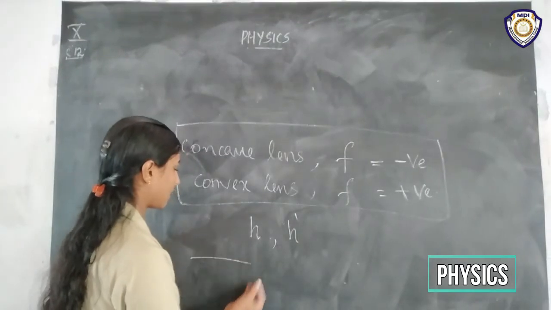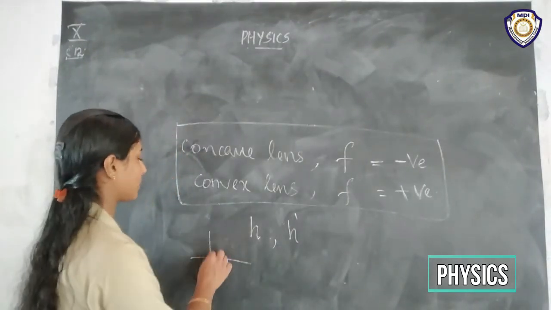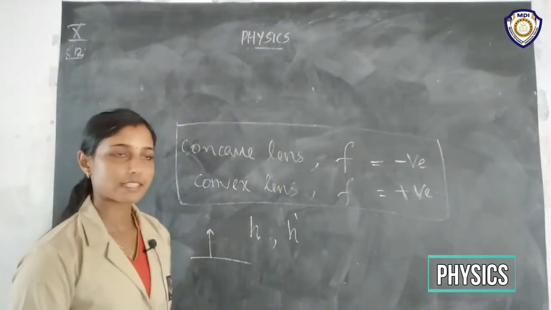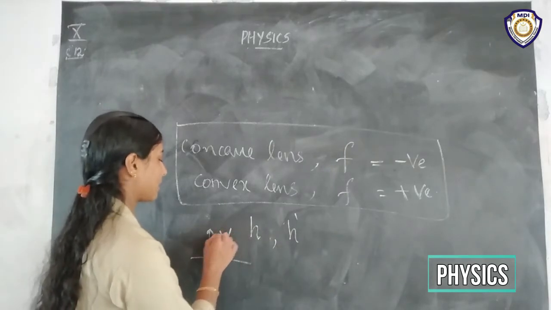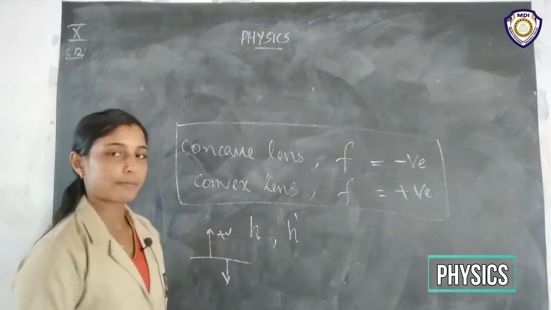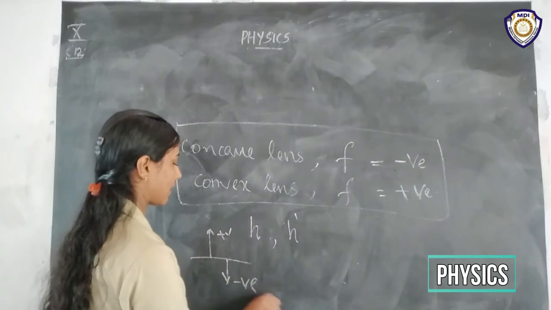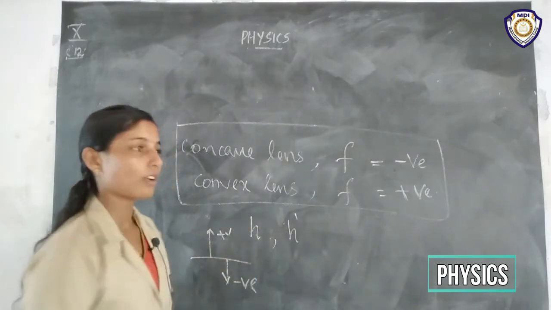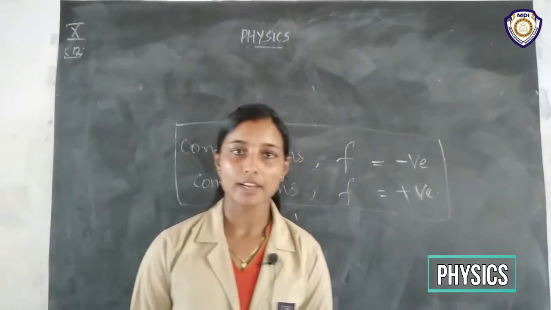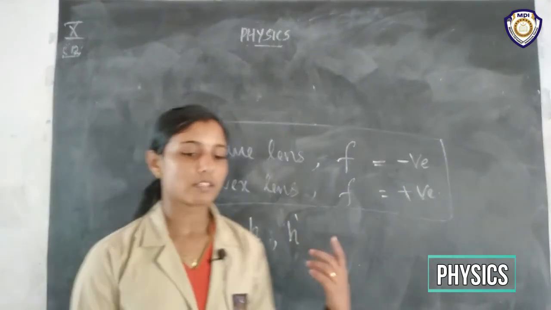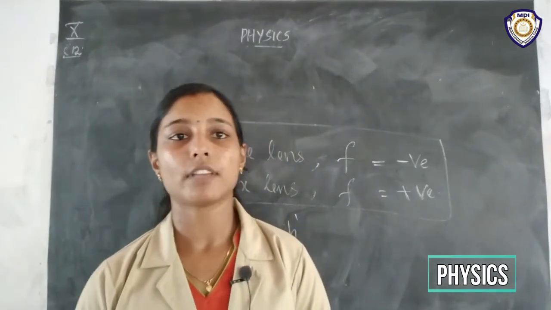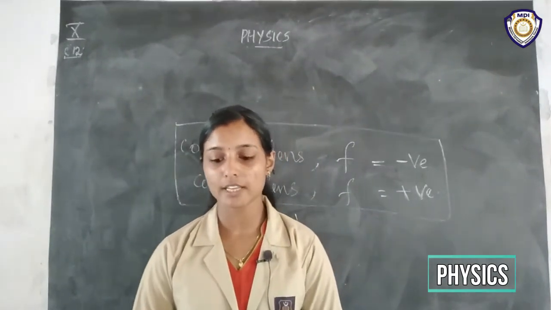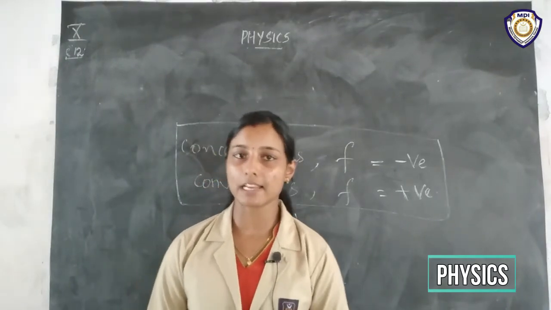If the object is placed above the principal axis, it will be positive, and if it is placed below the principal axis, it will be negative, right? This is the same in the case of image height also. So these things also we have to consider. That is the sign convention for spherical lenses.